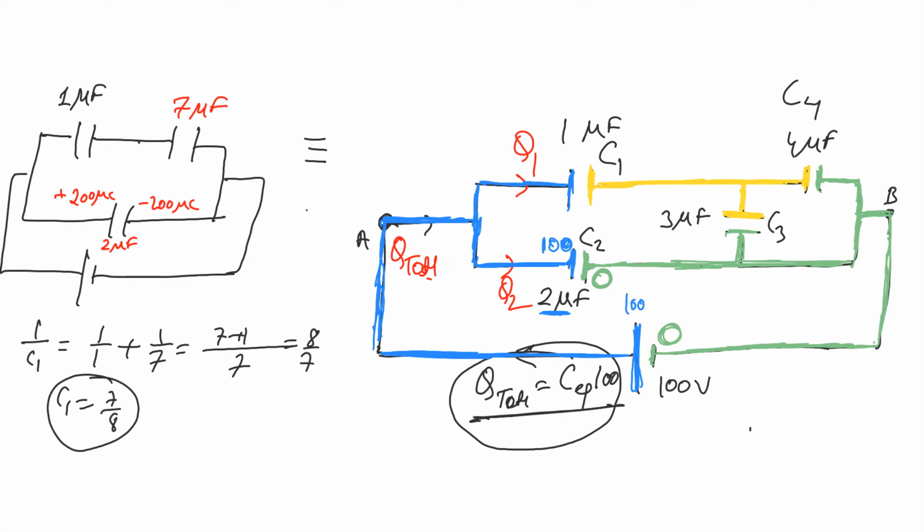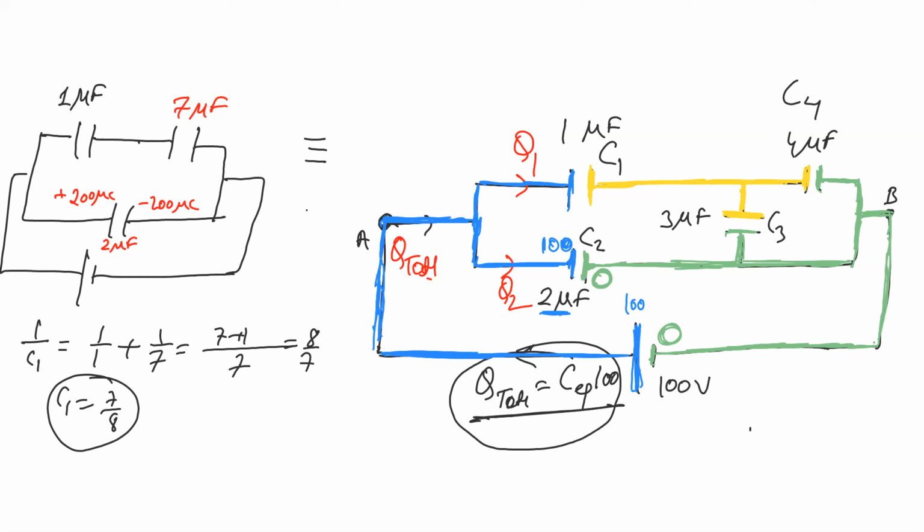Remember one logic mathematically. Whenever we apply this type of formula, 1 by C is equal to 1 by C1 plus 1 by C2, that is in series combination of capacitors, like parallel combination in resistance, the overall capacitance value will be lesser than the minimum capacitance.